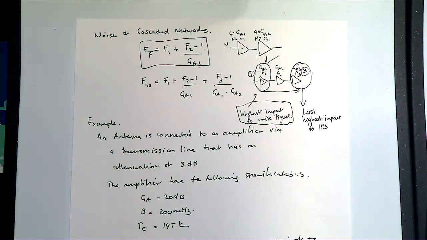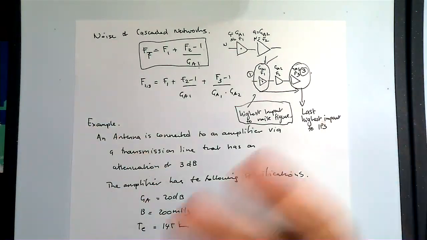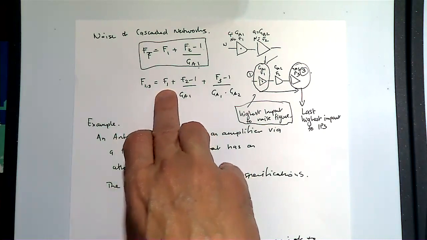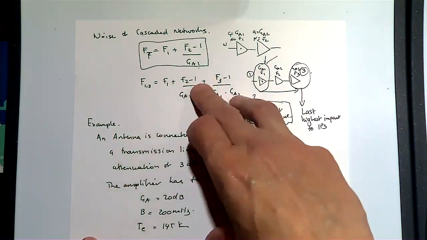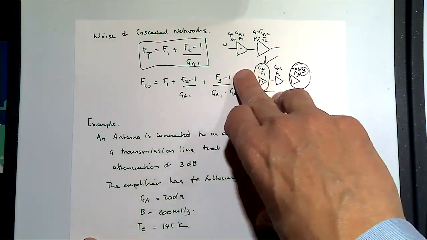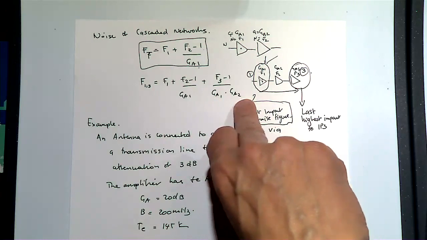Essentially, you can derive that the total noise figure is the noise figure of the first element, plus the noise figure of the second element divided by the gain of the first, plus the third element divided by the gain of the first and second elements.